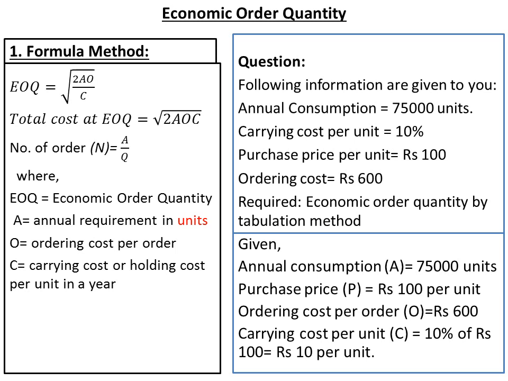If carrying cost per unit is given in percentage, always use the percentage of purchase price or inventory cost per unit, which is 100 rupees. So 10% of 100 rupees equals 10 rupees per unit.